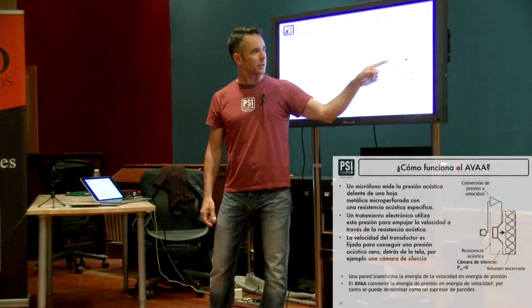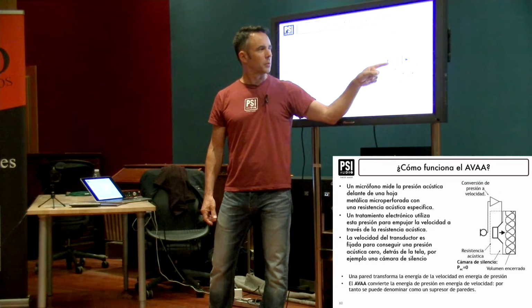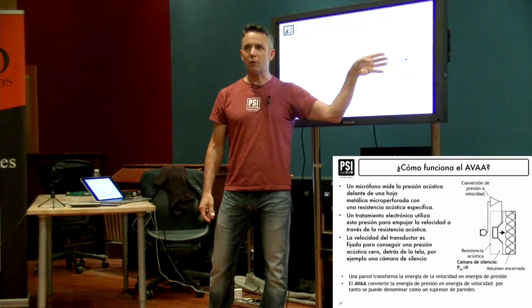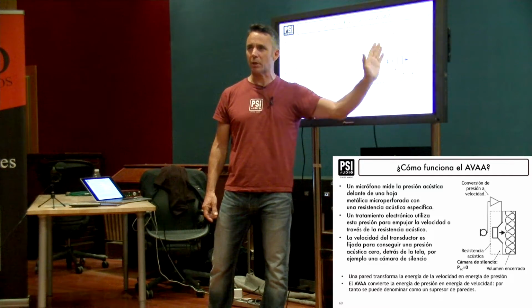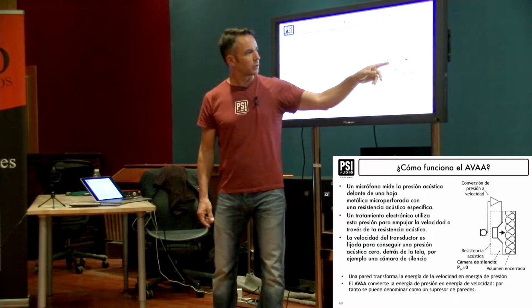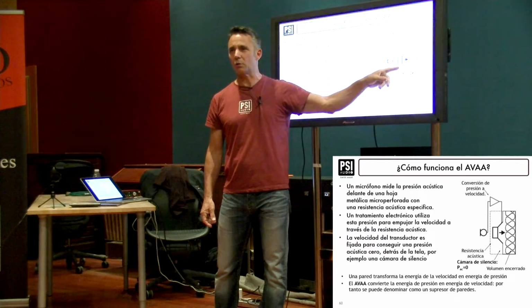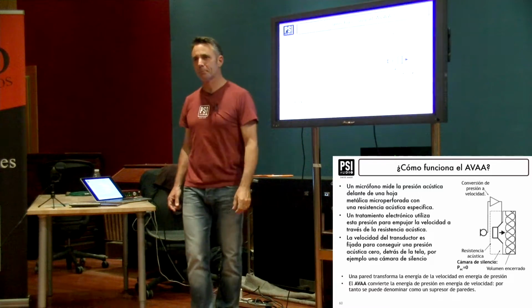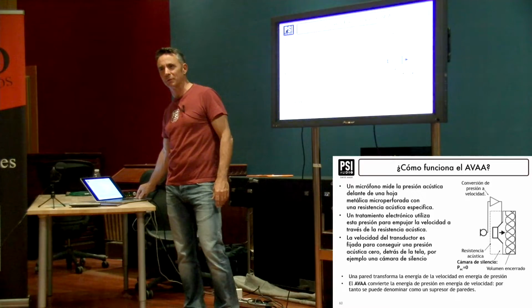So we're measuring the pressure outside and we're saying for this amount of pressure we have this flow of air going in and out, and we have to compensate for that flow of air with this membrane going back and forth. So we're driving this membrane to keep a pressure of 0 in here. It seems simple, but we spent at least 20 years trying to get it right.